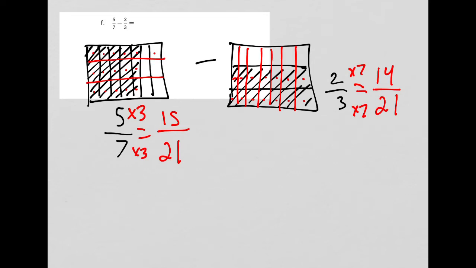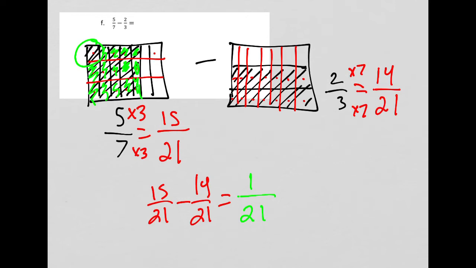Perfect. So now I have 15/21 minus 14/21. And pictorially, all I would do is cross out 14 of these 15. So I do 1, 2, 3, 4, 5, 6, 7, 8, 9, 10, 11, 12, 13, 14, and I'm left with 1 piece.